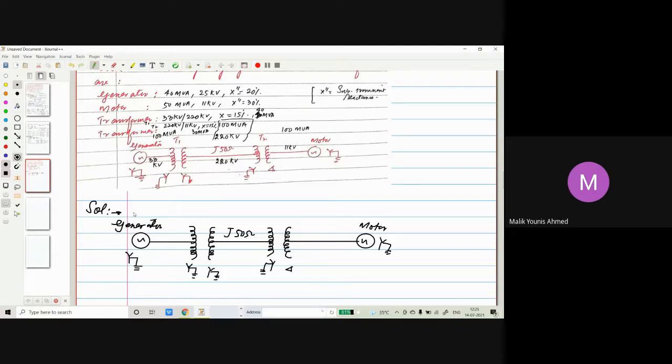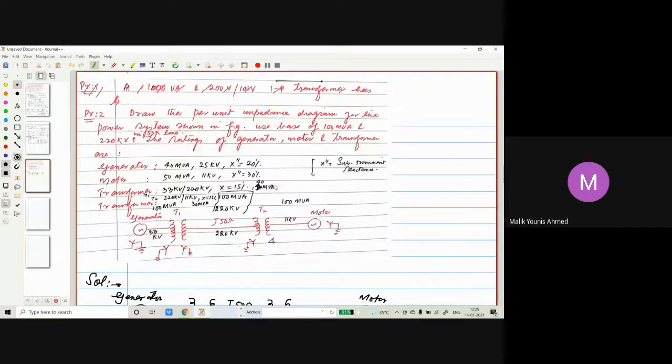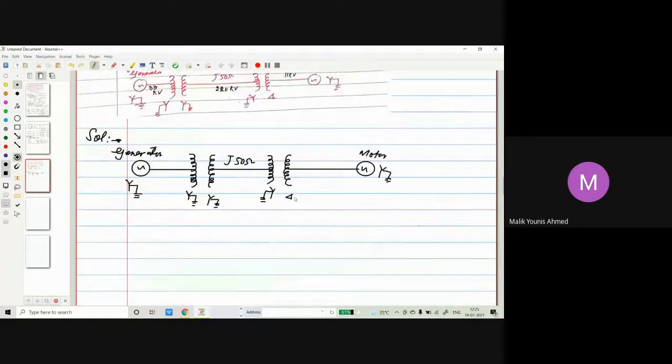Again, we'll be writing the same thing. What are the base values given in this case? Use base values of 100 MVA and 220 kV in the J50 ohm transmission line. I will write the base values in red: 220 kV and 100 MVA.